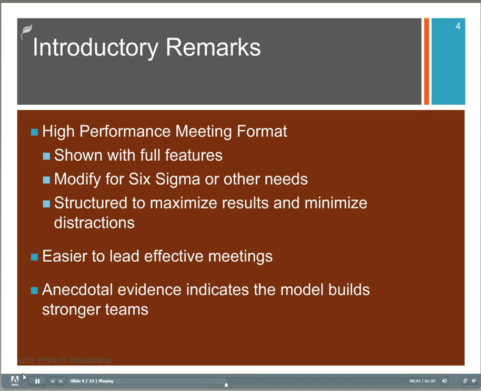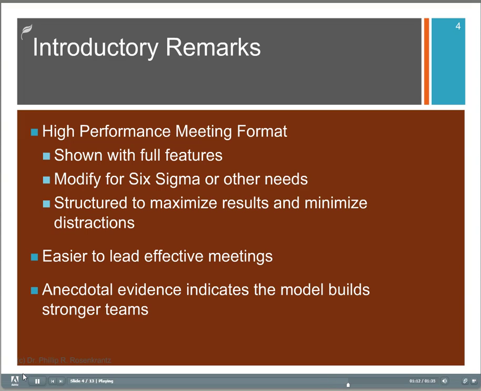But it really does help lead effective meetings, and I know from reports that I've gotten that it builds stronger teams as well. I remember one time on a project I asked for some feedback after it was all done. One particular team I was interested in because their project was the best of all that were done.